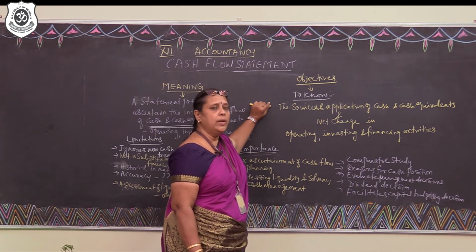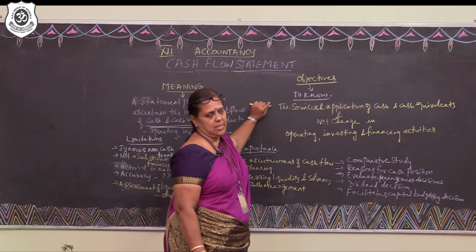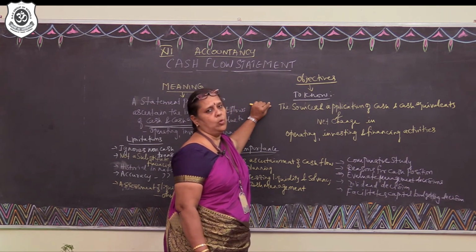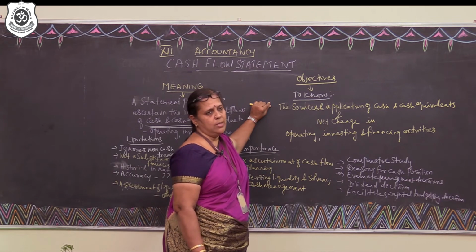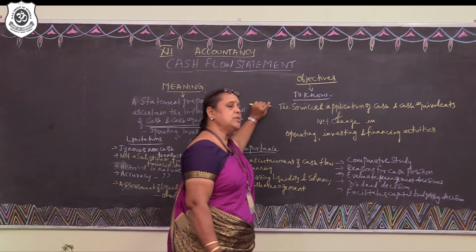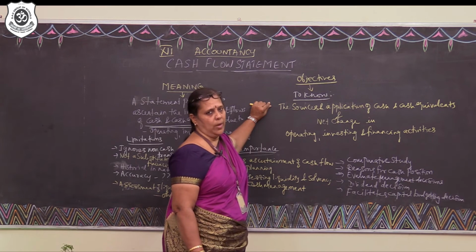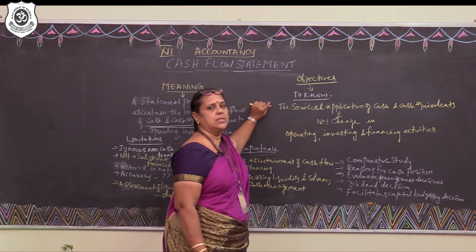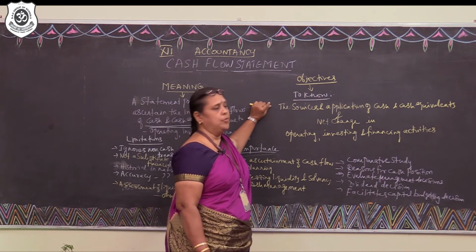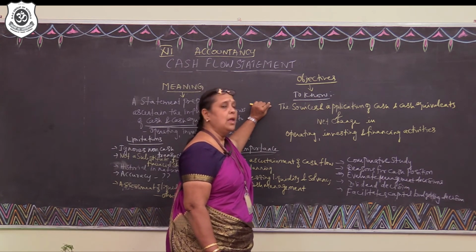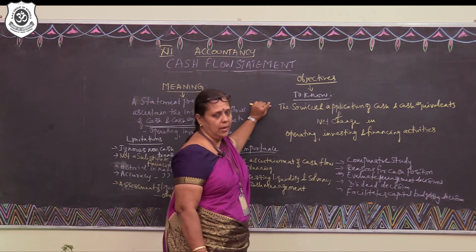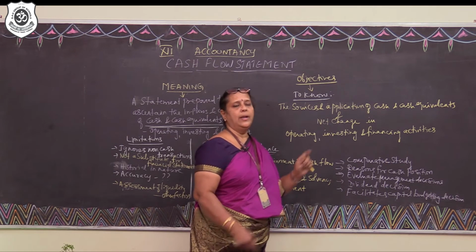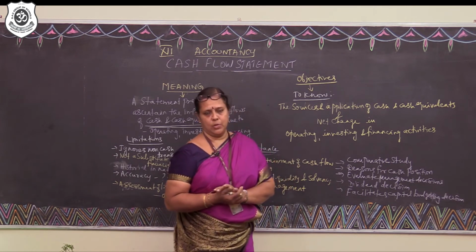But the accountant cannot leave the information as such. He has to go for consolidating the inflows and outflows of cash and cash equivalents to ascertain the sources from where the cash and cash equivalents were drawn and how these funds were applied. Find the uses of cash and cash equivalents and then find out the net change in the operating, investing and financing activities.